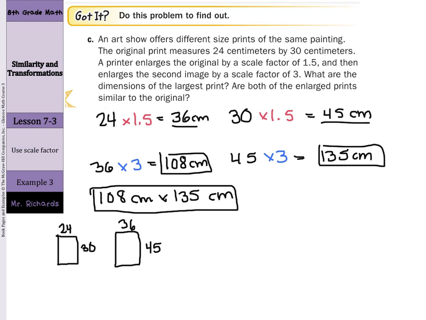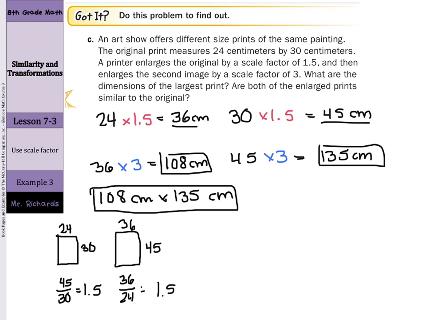Now, if we compare the ratios of these sides, we would have 45 compared to 30, and we would have 36 compared to 24. Well, 45 compared to 30 simplifies to 1.5, and 36 compared to 24 simplifies to 1.5, and sure enough, that was our scale factor. And so since they're the same, as they should be, since we just multiplied by the same number, these are similar.